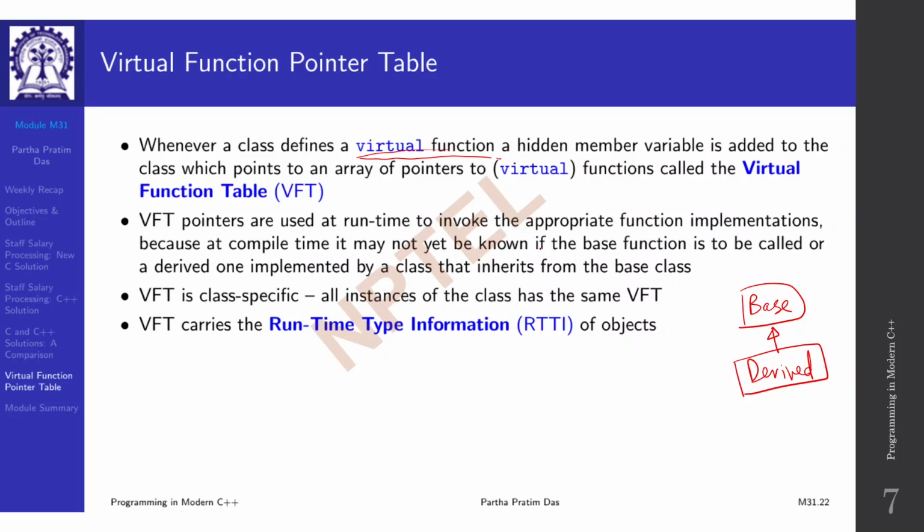So that is implemented internally using virtual function tables. This is not something that we have to do. This is done internally by the compiler. So VFT pointers are used at runtime to invoke the appropriate function implementations, because in dynamic polymorphism, at compile time it is not known whether the base class function will be called or the derived class will be called, and it is also not known which derived class's function will be called.